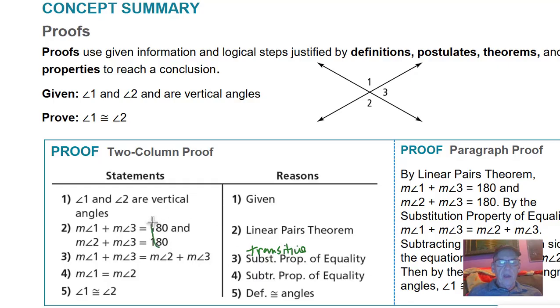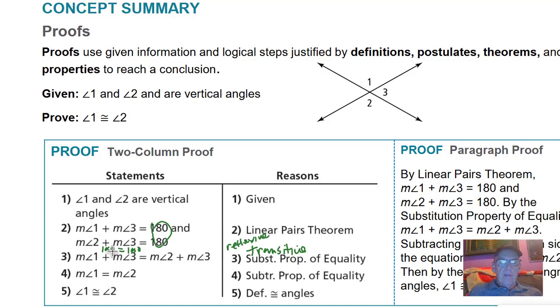You're using the 180 to link these together. So notice that substitution and transitive are really close to the same thing. To be substitution, they should have basically said 180 is equal to 180, which would be reflexive.